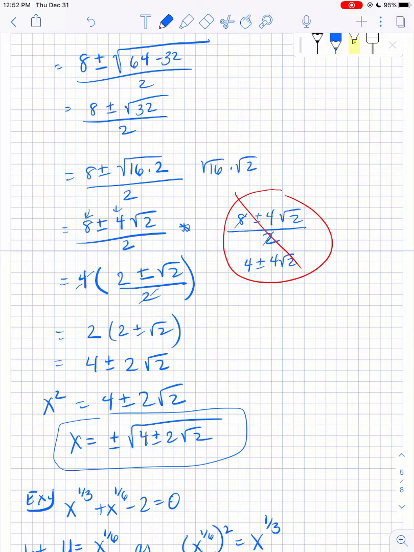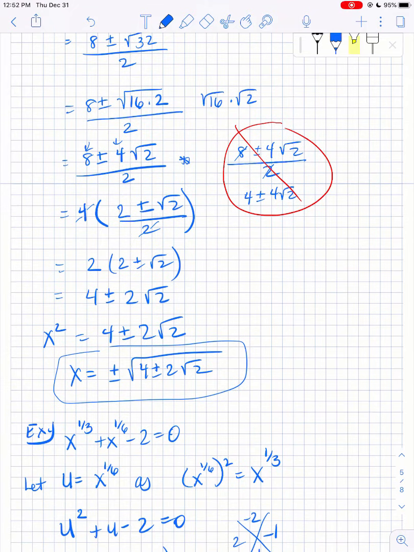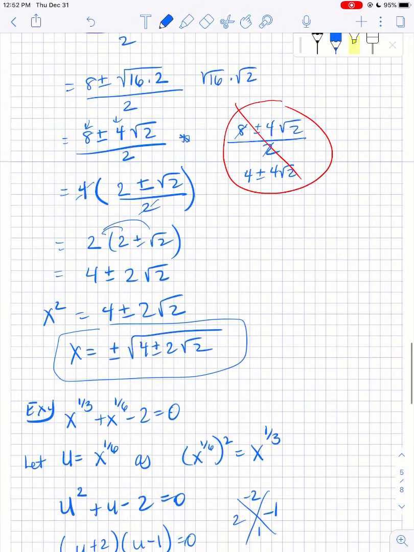And now I could cancel the 4 and the 2, and I'm left with the 2 still on the top. So I have 2 times 2 plus or minus square root 2. And then I could multiply the 2 back in. So I'm left with 4 plus or minus 2 times square root 2.